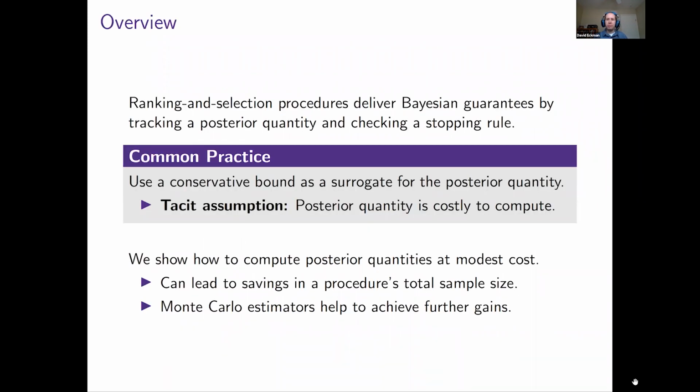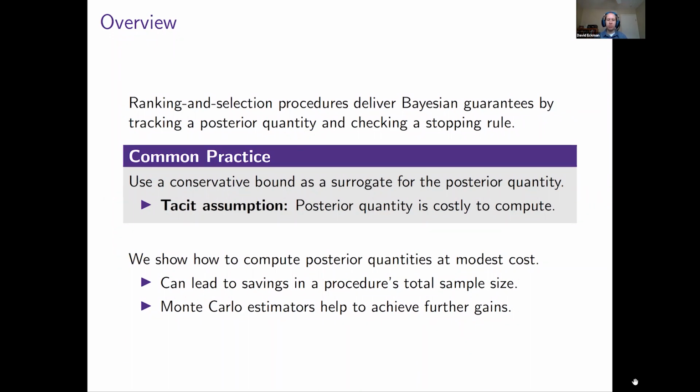So I wanted to begin with an overview of where this talk is going so that you know what to look for along the way. We'll be studying a certain class of algorithms known as ranking and selection procedures. These procedures deliver Bayesian statistical guarantees by tracking a posterior quantity and ultimately checking a stopping rule that determines whether to stop or not.